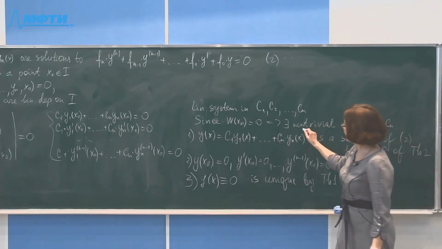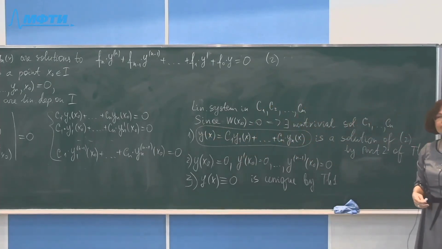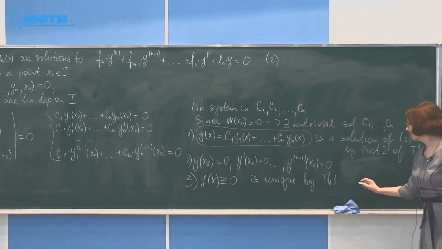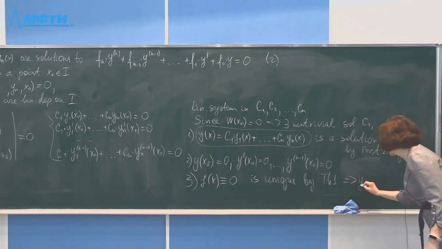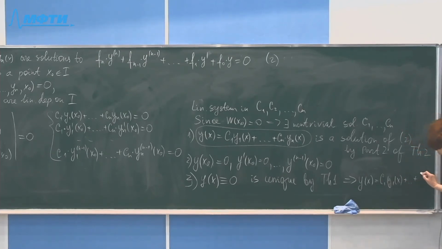And this means that this function y of x, which is equal to c1 times y1 of x plus and so on plus cn yn of x, is identically 0. It is the zero function.